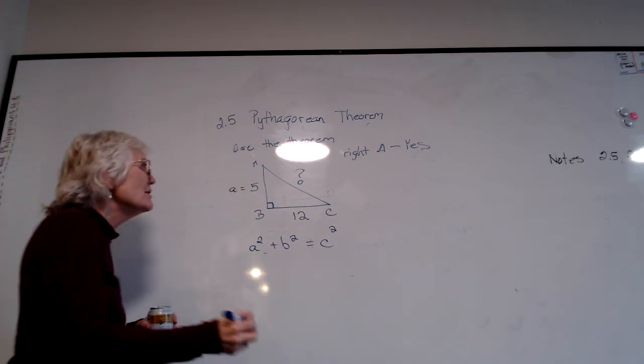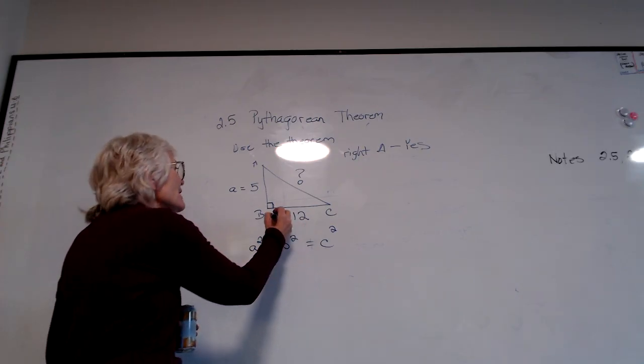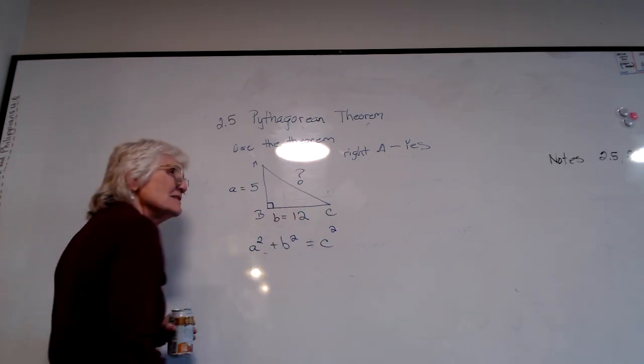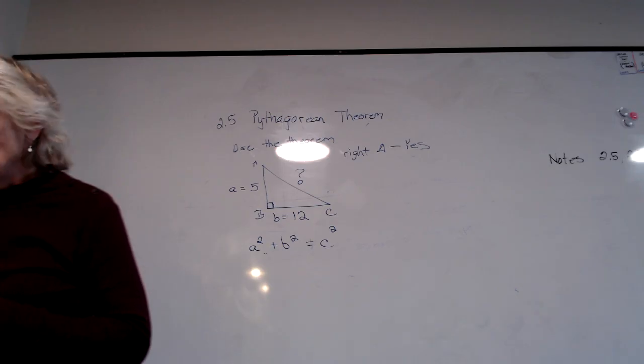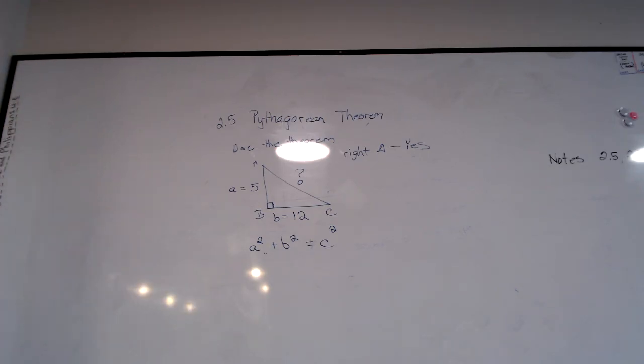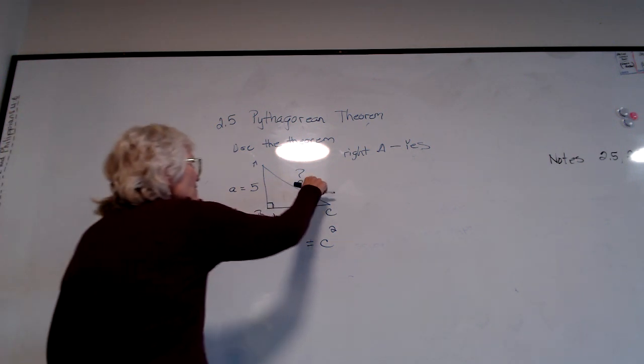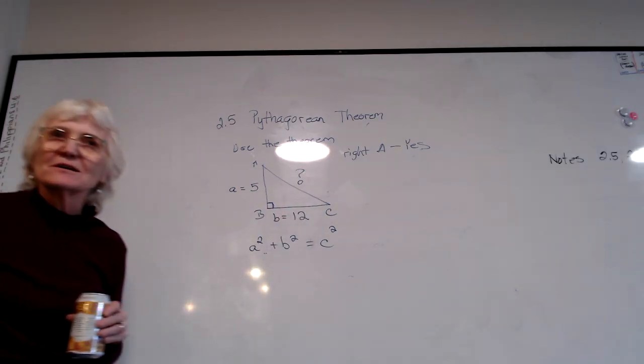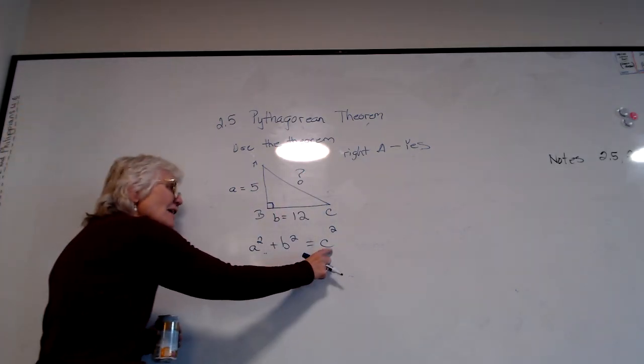Okay, that automatically makes this one B is equal to 12. Okay, it doesn't matter which leg you make A or which leg you make B. It will work the same way. We are looking for C. That's the question mark.